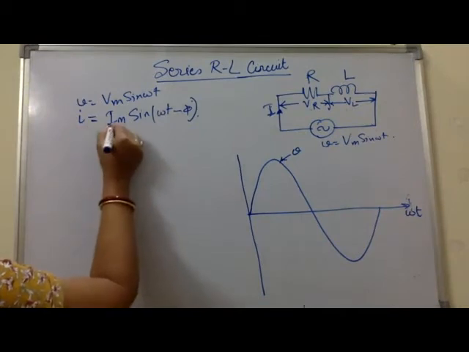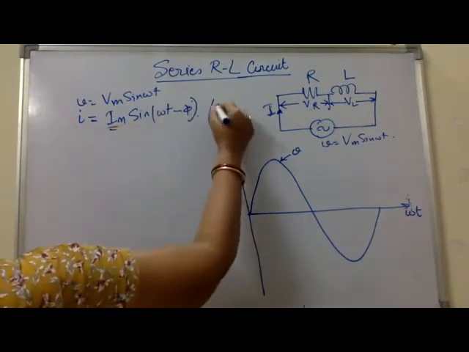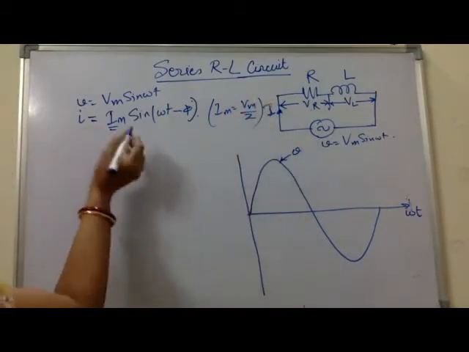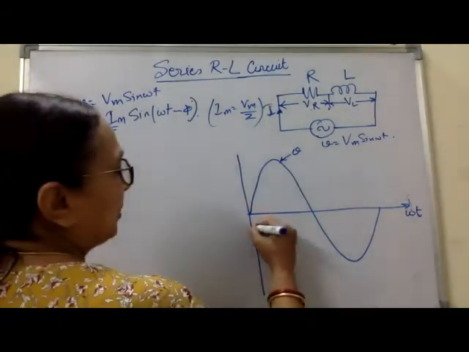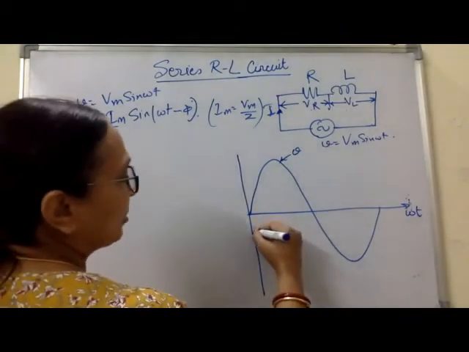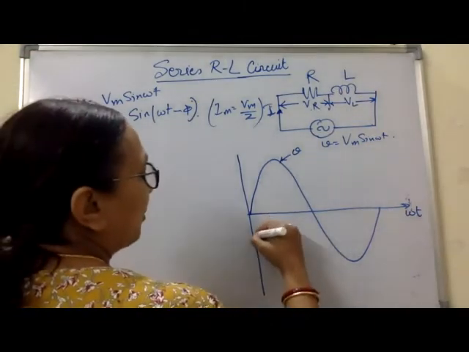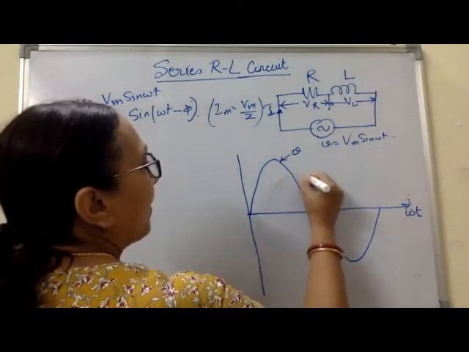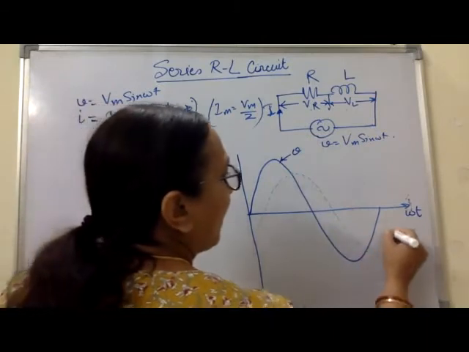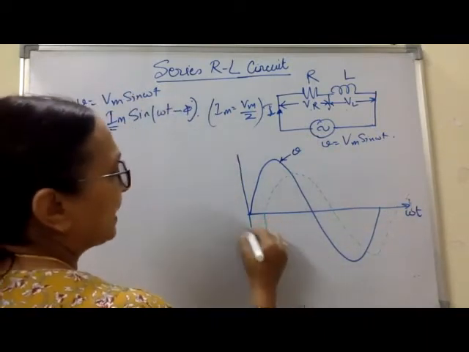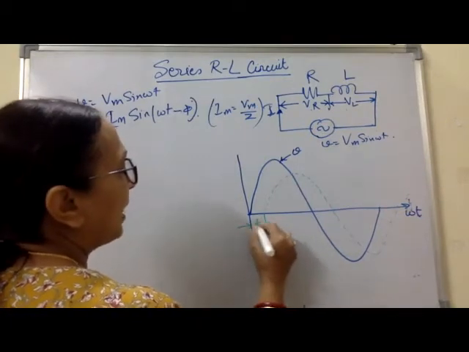So over here, what is Im? Im is nothing but Vm by Z. So the current waveform, if you draw, because the current is lagging the voltage by a given angle phi, the current will be drawn an angle phi later.